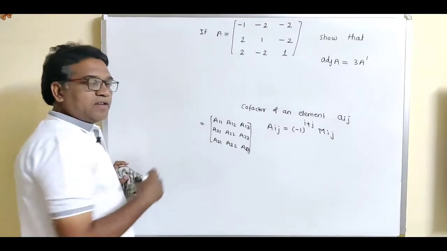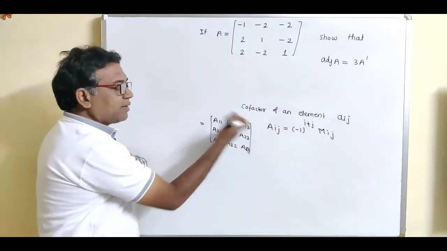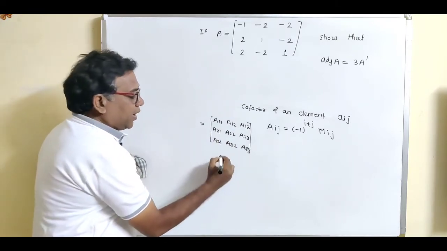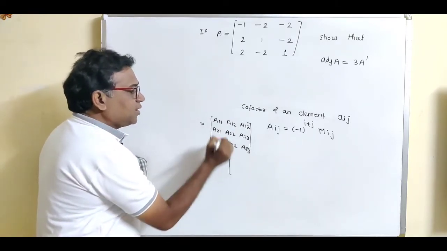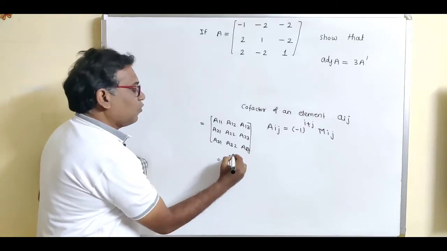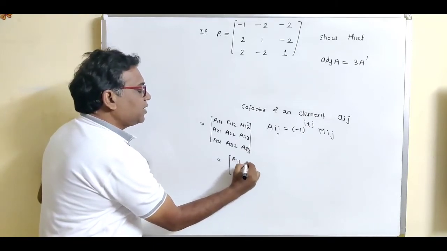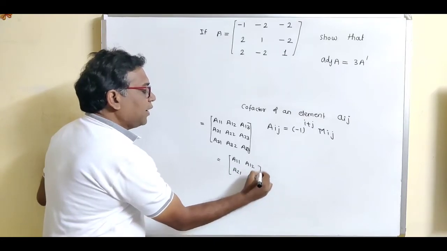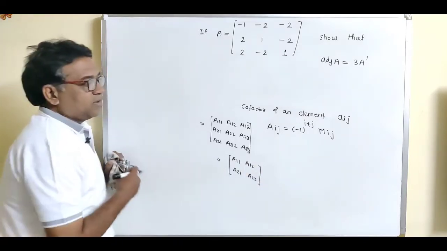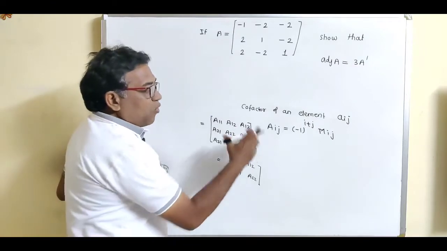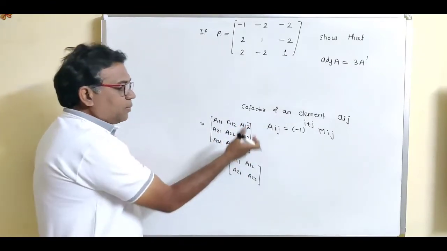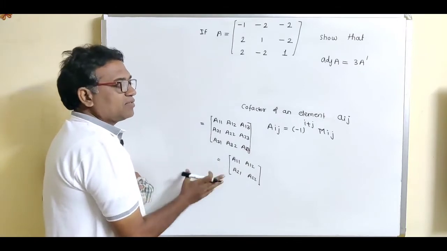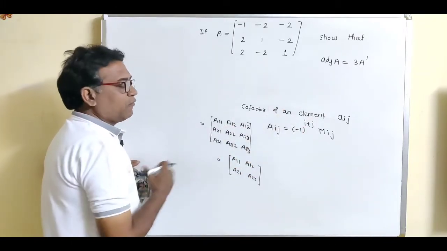In a 2x2 matrix, obviously there are 4 cofactor elements: A11, A12, and for the second row A21 and A22. So the cofactor of an element is denoted by capital Aij and this is given by this required formula.